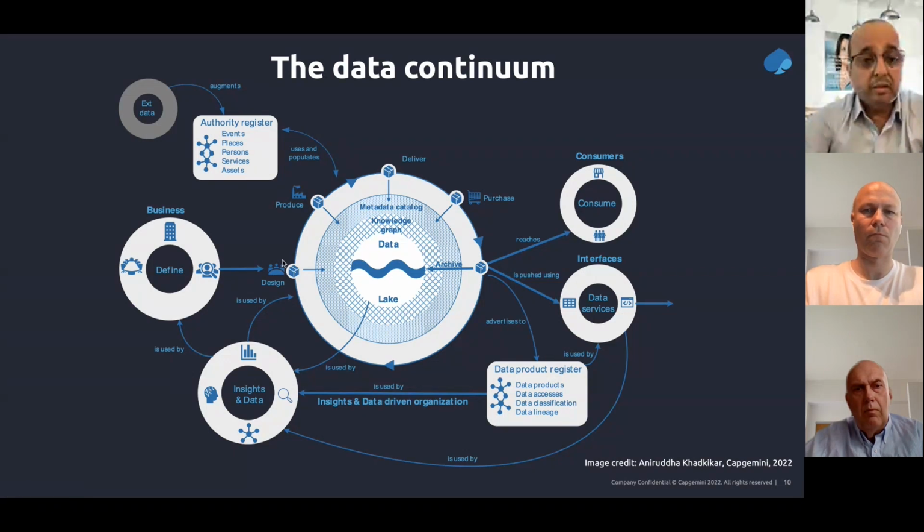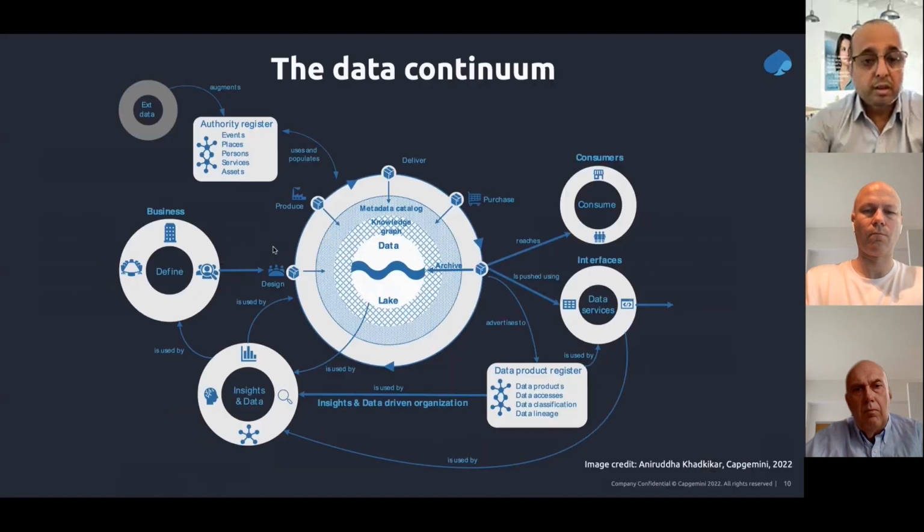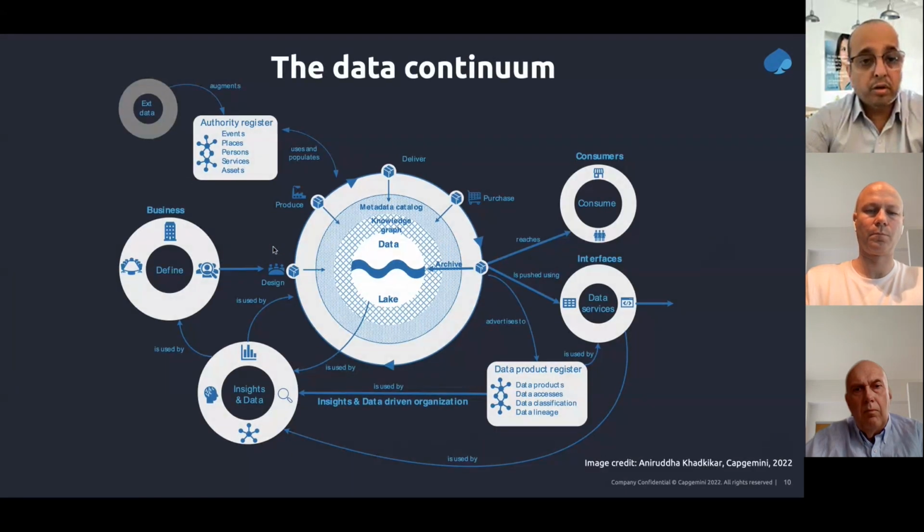And then during the design phase, you end up with specifications on the particular product, and then it moves towards the produce phase. And as the product moves through these different phases of produce, delivery, purchase, and then finally reaching the consumers, in the consume phase, a lot of business metadata is created, or it's accreted on the particular product.